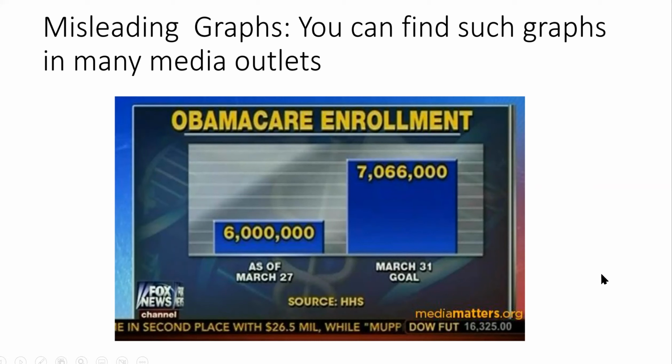If you look at the numbers, the goal was 7,066,000, and the actual enrollment was 6 million. So again, the difference is not as huge as they're trying to show here.